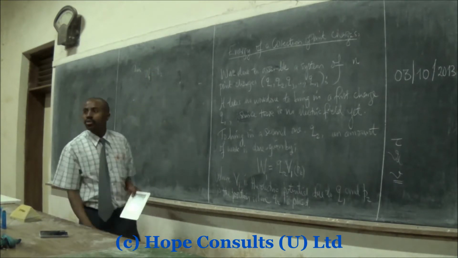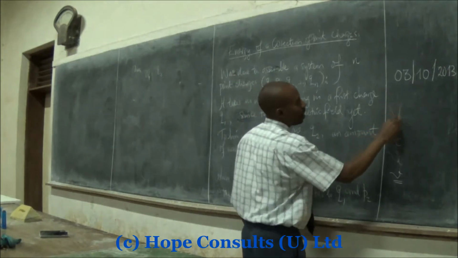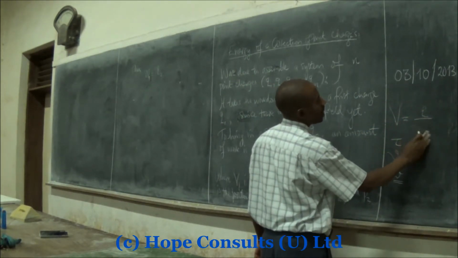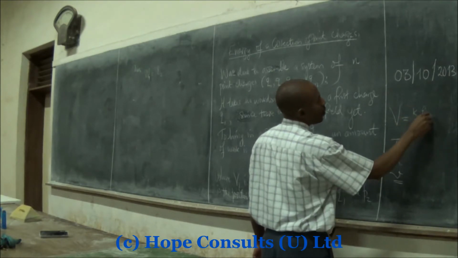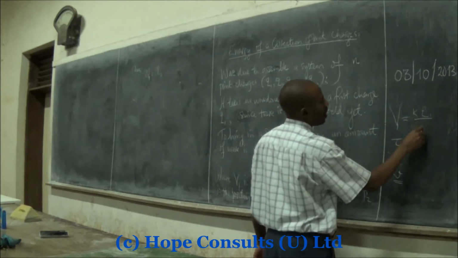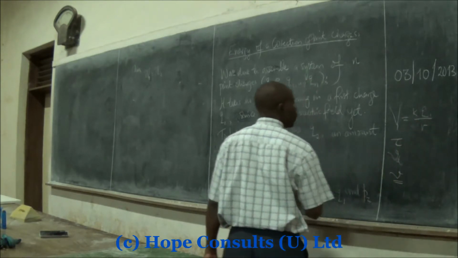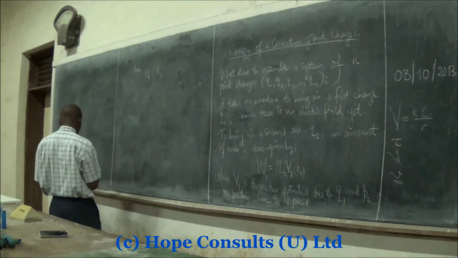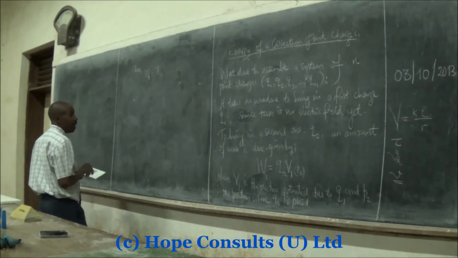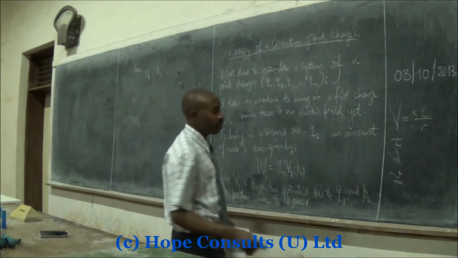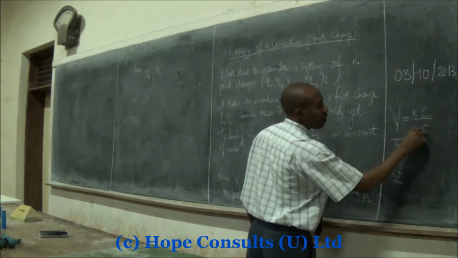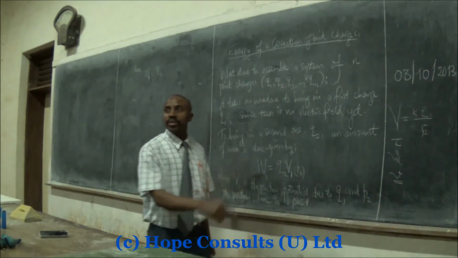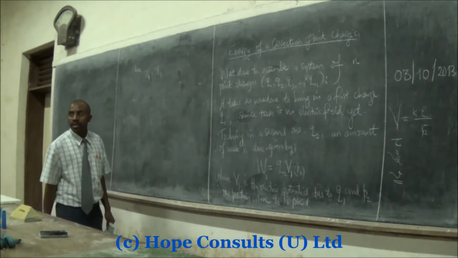V is equal to Q over 4 pi epsilon naught, or I can say is equal to K Q1 over R, which would be the position, and that would be R12, because you are talking of the position from charge 1 to the position P2, which is the position of charge 2.